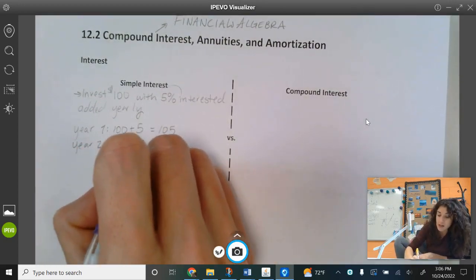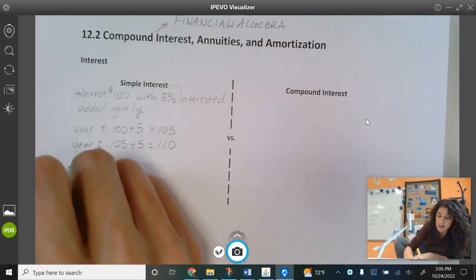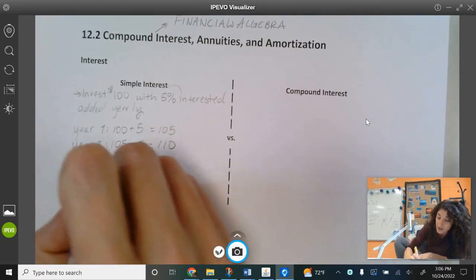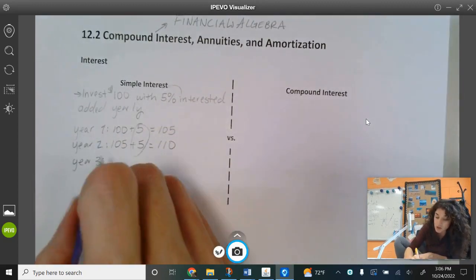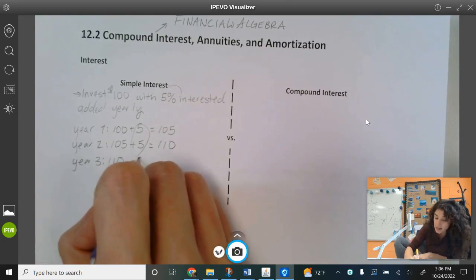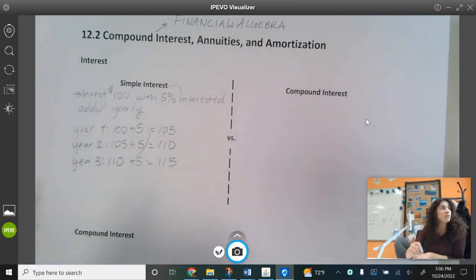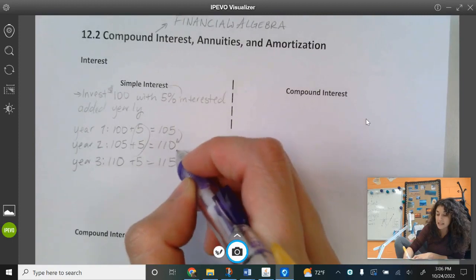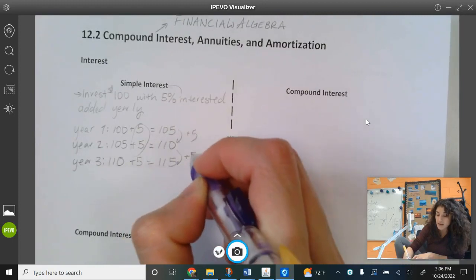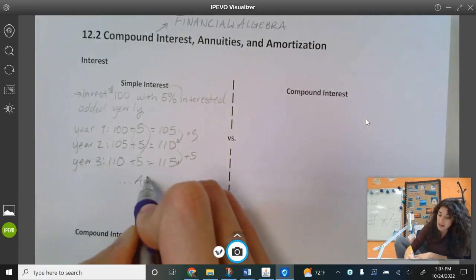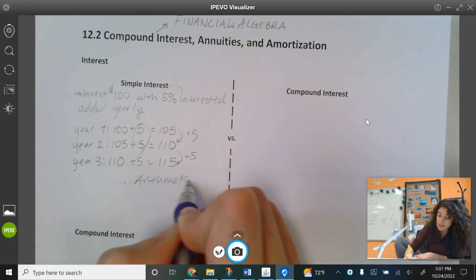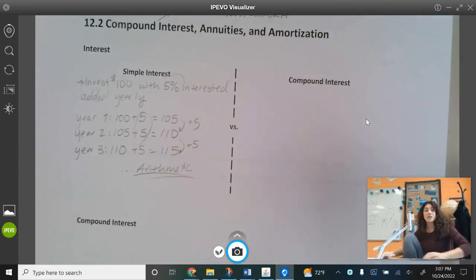So then it's 105 plus 5, which is 110. Year three is still that 5% from the original, 110 plus 5, so 115. This is being added by 5 every single time, so this is an arithmetic sequence, right? So simple interest is an arithmetic sequence.